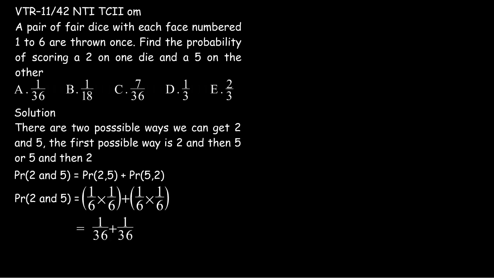So it will be equal to 1/36 plus 1/36, which is equal to 2/36, which is equal to 1/18. Also, we can simply say the probability of getting a 2 and a 5 will be equal to 2 times the probability of getting a 2 and 5 for each of the options.